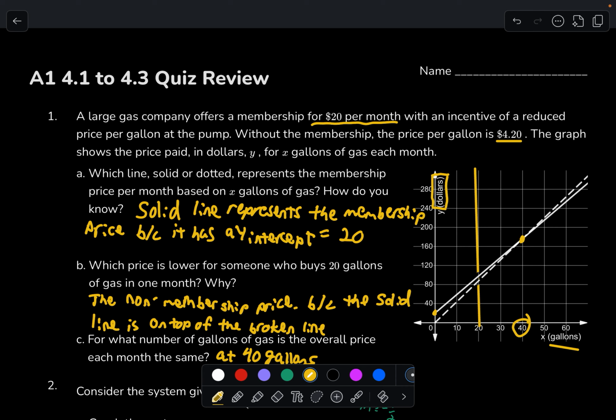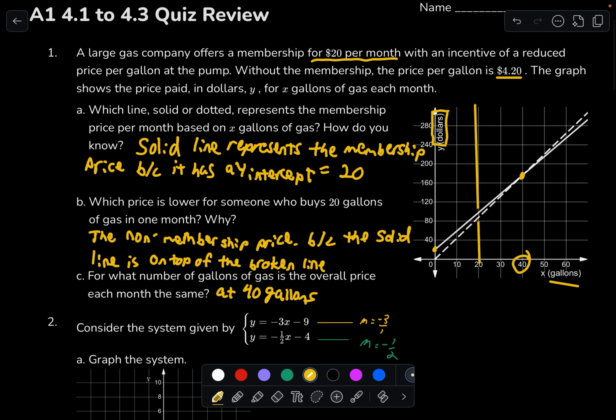Which price is lower for someone who buys 20 gallons? Well, 20 gallons is right here. So I drew a line going straight up. And you see the line hits the broken graph first, okay? The broken, and that means it's lower than the solid graph. Well, the solid graph represents the membership money you pay.